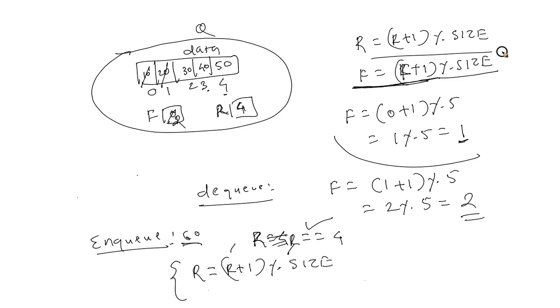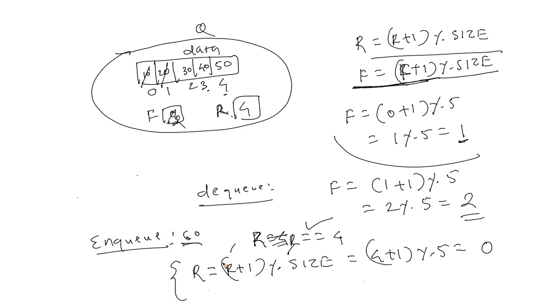This formula I'm going to use. R is 4 here, 4 plus 1 is 5, 5 mod 5 is 0, so R will become 0. Let's not make the change here. I'm just checking whether the queue is full or not, so I'm not making any change to R.